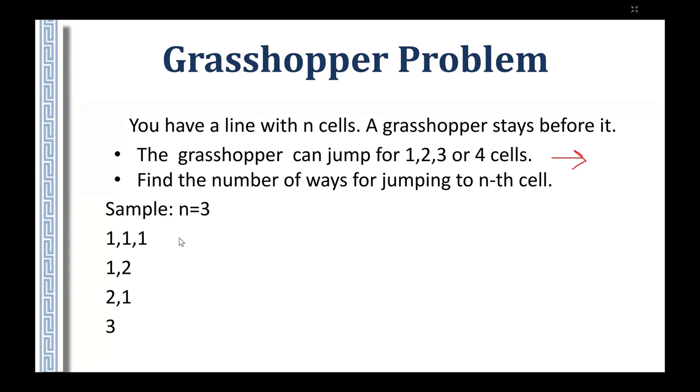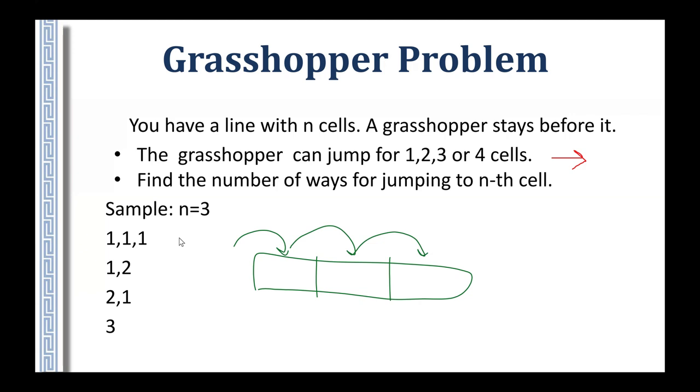For example, if we have this line of size 3, the first way is to jump 1, 1, 1. The second way is to jump 1, then 2. The third way is to jump 2, then 1.